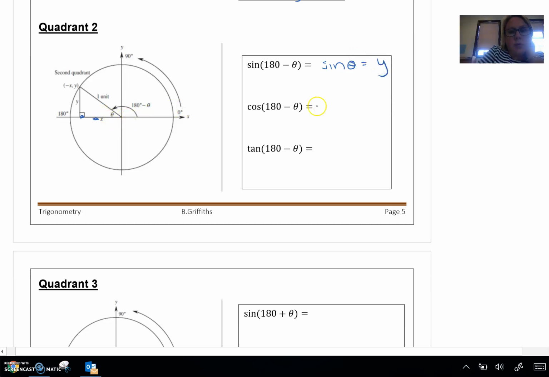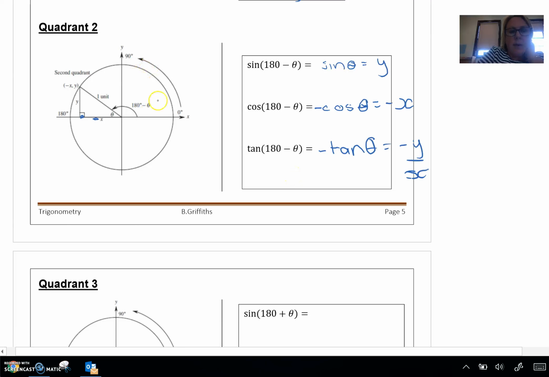Cos is actually the minus cos of theta, because instead of just getting x, we get a minus x because it's adjacent on hypotenuse, and tan, we get minus y on x, so we get a negative value.